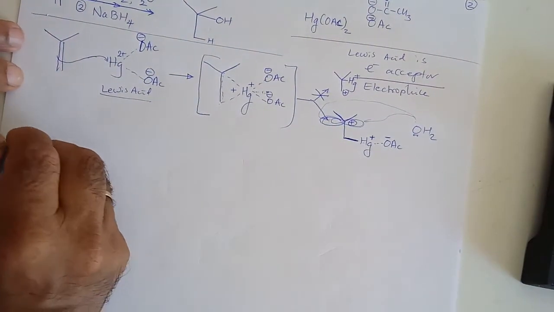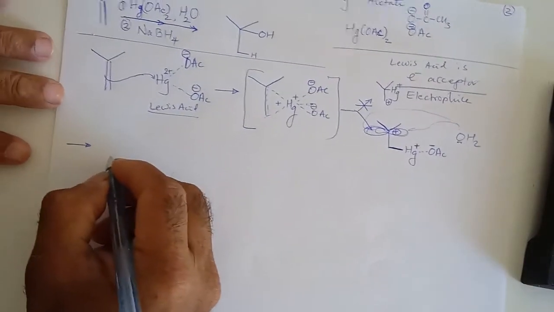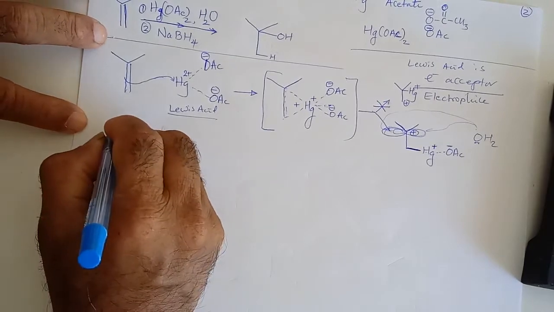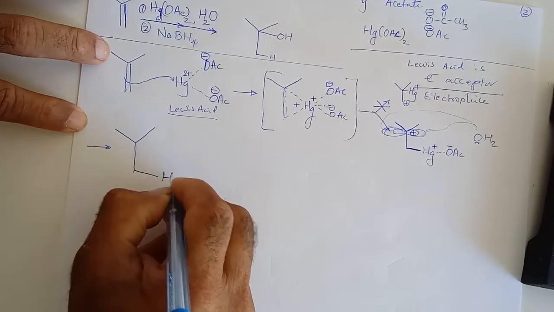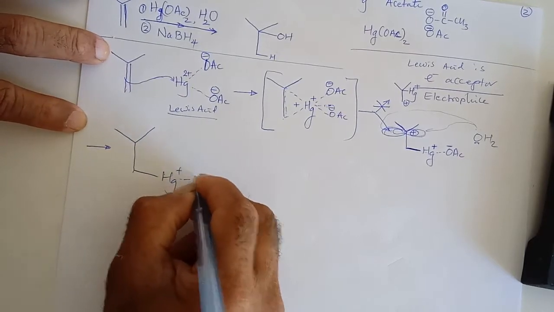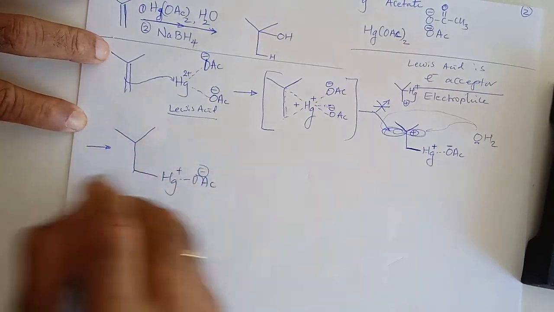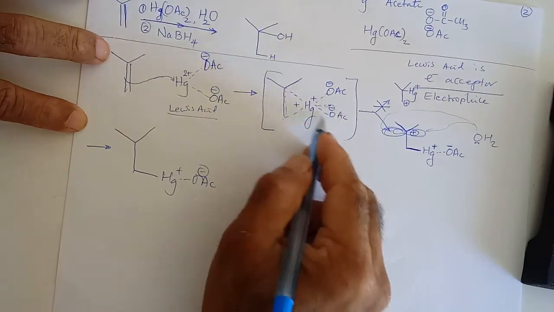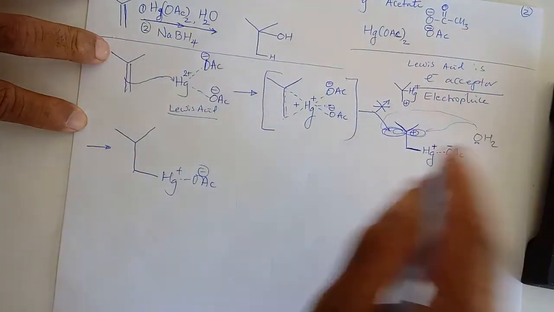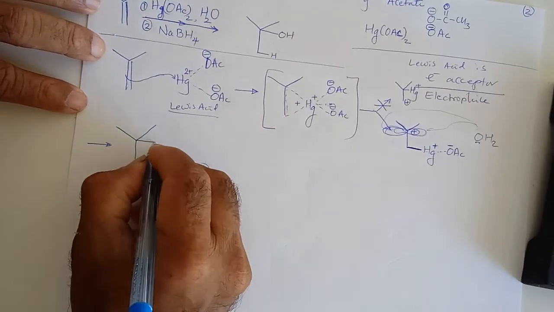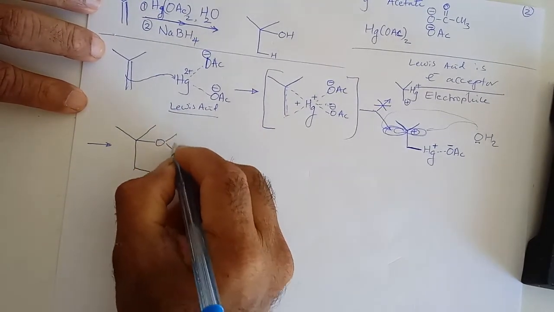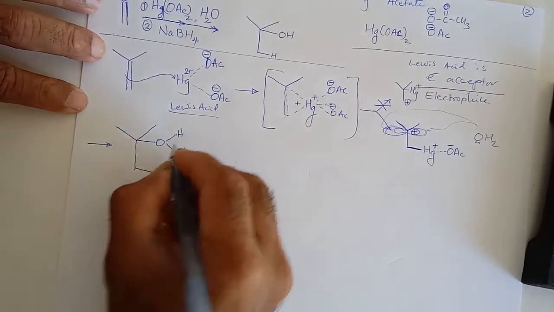If I continue it here, it looks like this at this point. What does it look like? We have Hg plus OAc minus. By the way, one of the OAc was kicked out, right? You remember that? It's still in the pot. It's somewhere in the reaction mixture. But now we have an OH2. Is that correct?